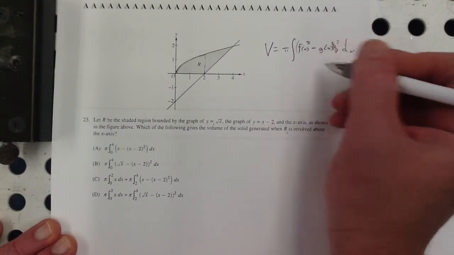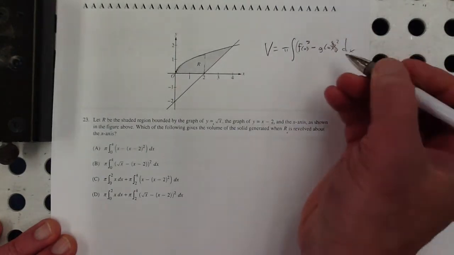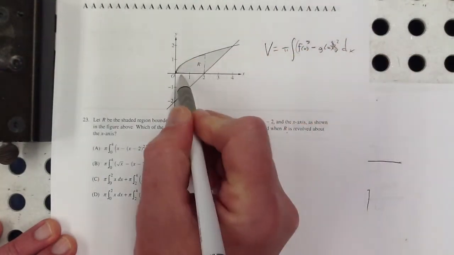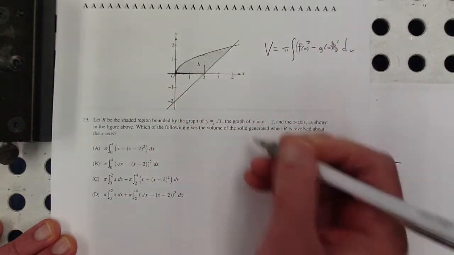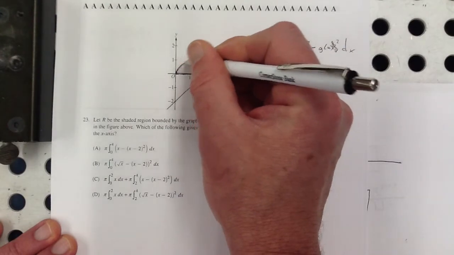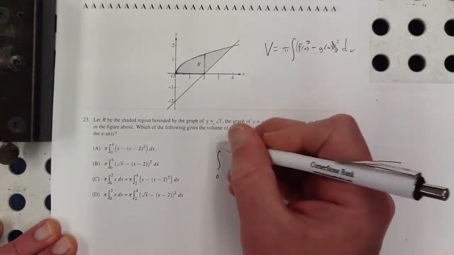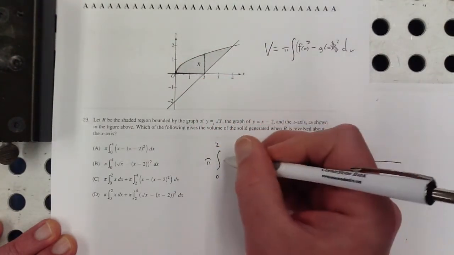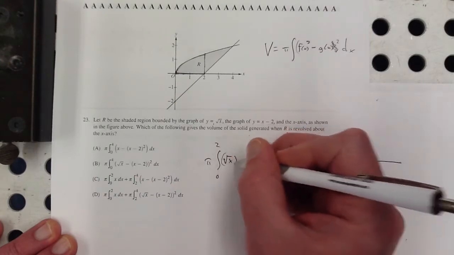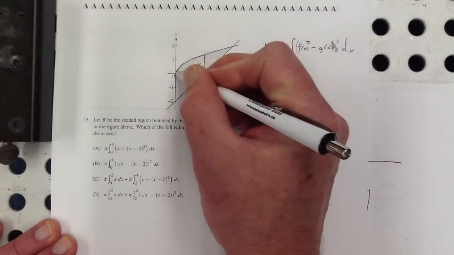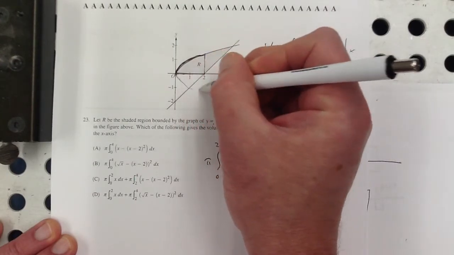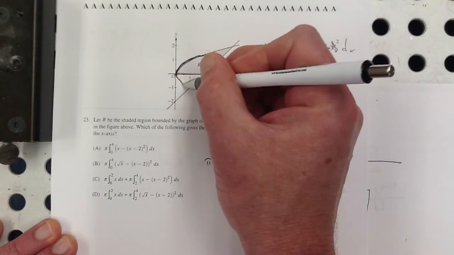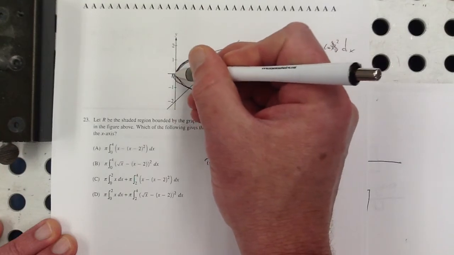That should not be there. But here, the g function has not come into play yet, so it's just the f function right up against the axis. So from 0 to 2, it's just pi times r squared, where the r, the radius of our cross sections, is just the square root function.